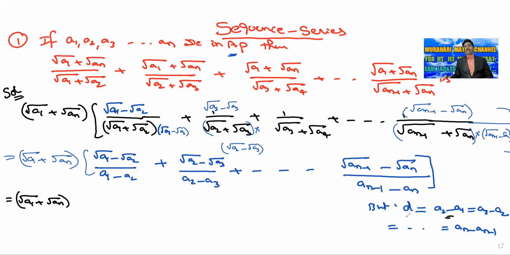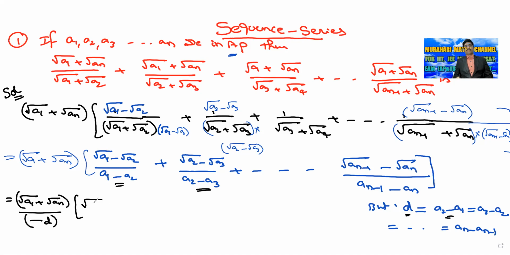A2 minus A1 is D, so A1 minus A2 is minus D, so the denominator is minus D. This is also minus D. A2 minus A3 is also minus D. So A3 minus A2 is D, and A2 minus A3 is also minus D. So take minus 1 by D out as common.